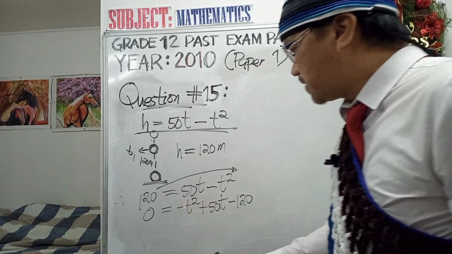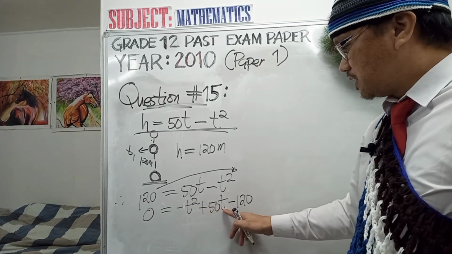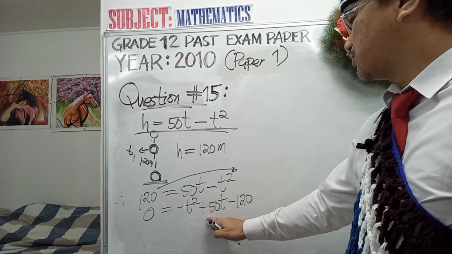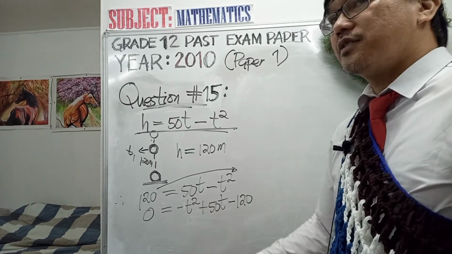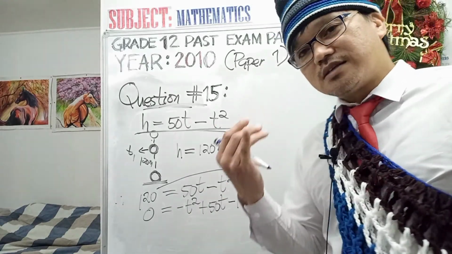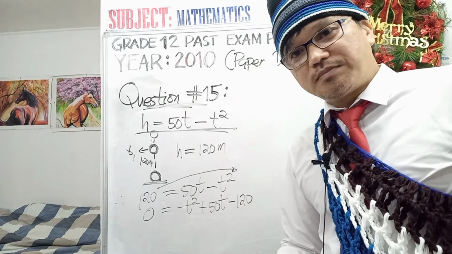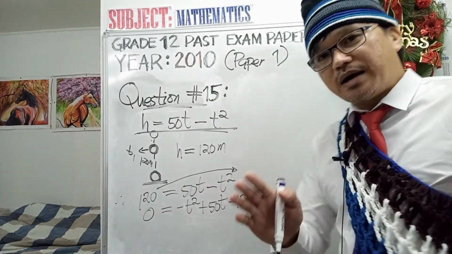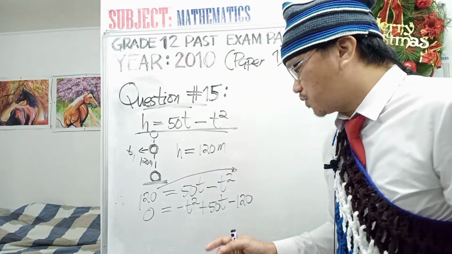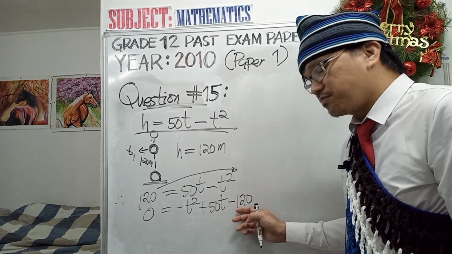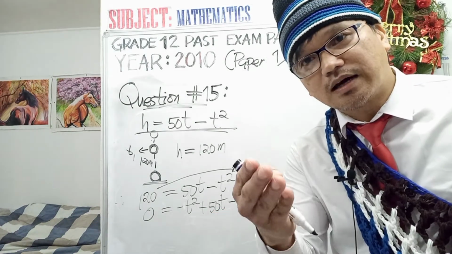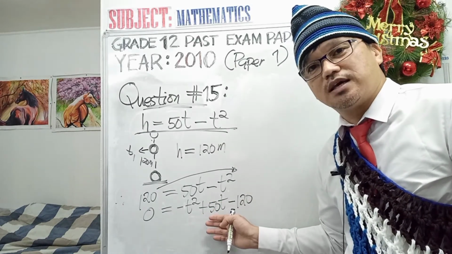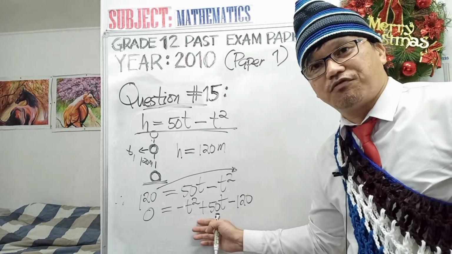Now because you are asked to find the time, you are going to use either factorization, or completing the square, or the quadratic formula. My advice to you is, when the given constants are big numbers, because you are allowed to use the calculator, it will be best to use the quadratic formula.